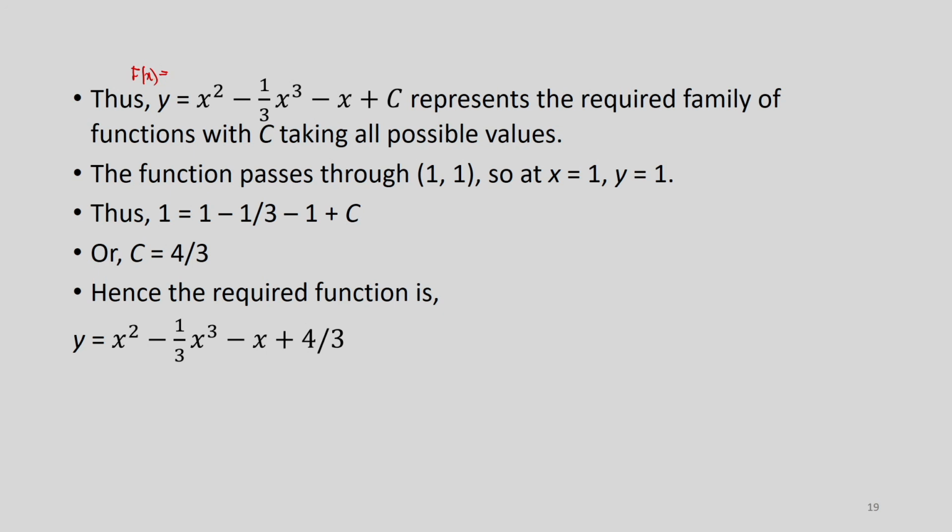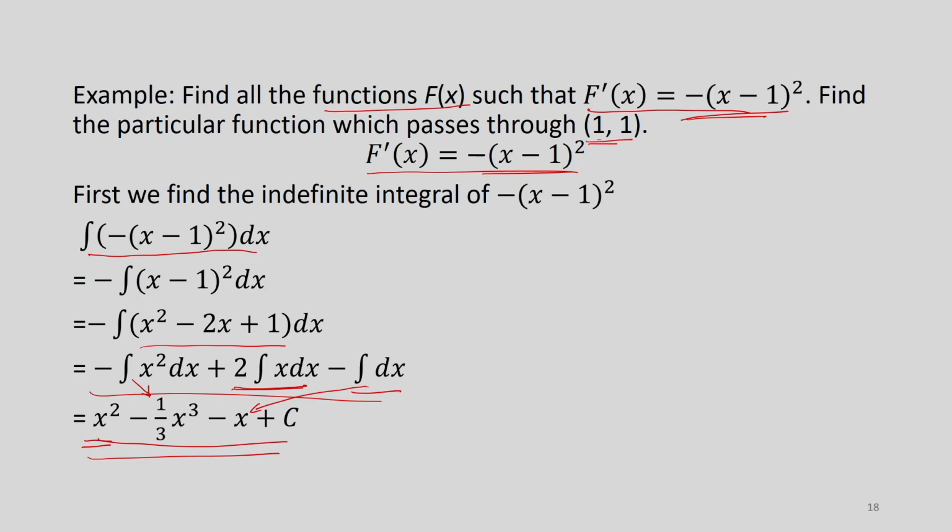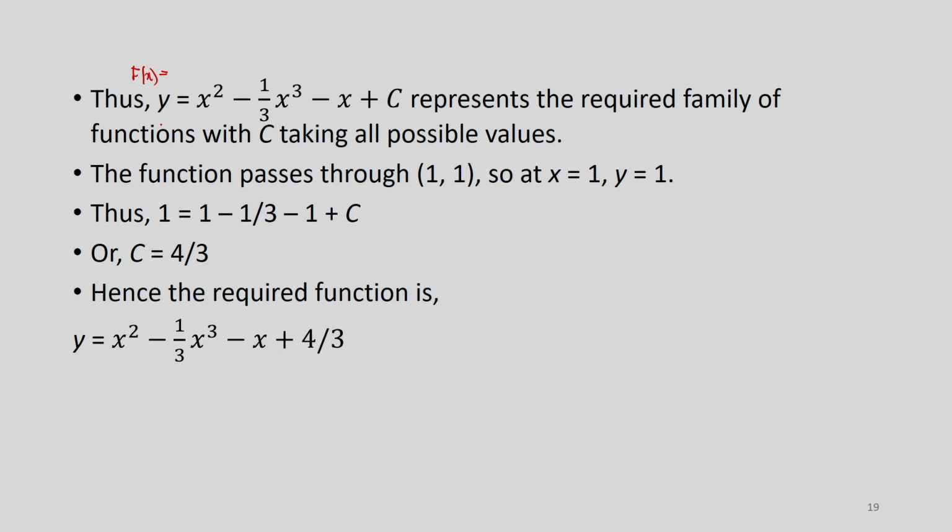Now, we have to find that particular function which passes through the point 1 1. f x is this, but here capital C is undefined. C is just a constant, we do not know the value of C. So, I have to give a particular value to C, only then the function becomes a definite function.